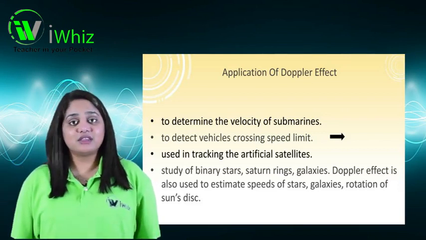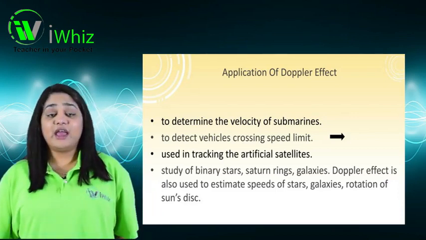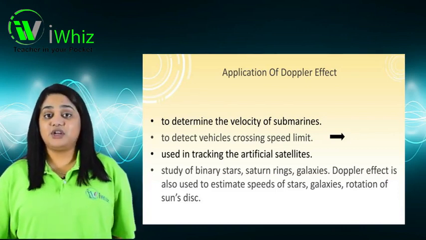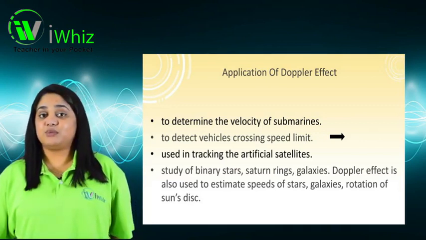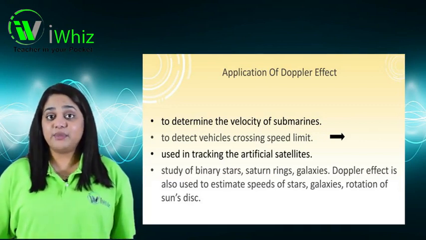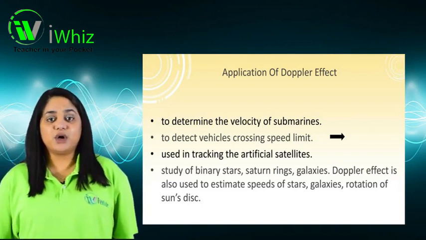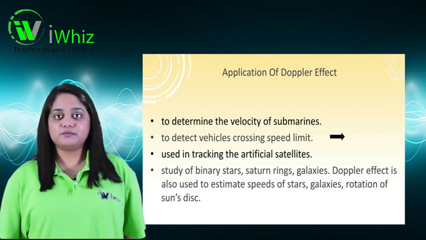Remember that if you pass the speed trap, then it would be unable to take a picture of your car and catch you. However, if it is able to do a calculation from a distance away, then it is able to decide at what speed you are traveling and then take a picture before you move past the trap. That's how Doppler effect works when looking at cars that are moving past the speed limit.